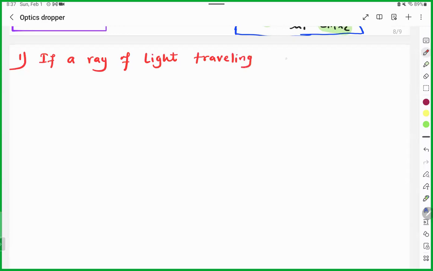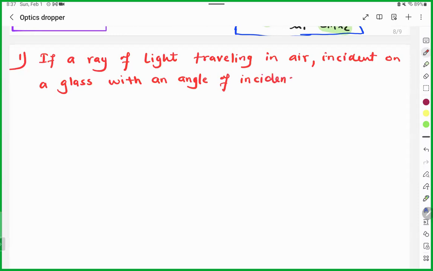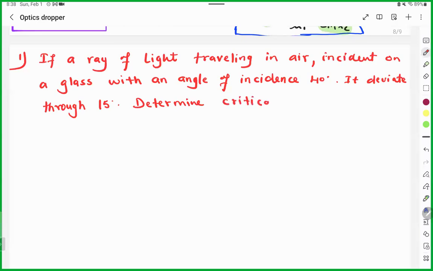If a ray of light traveling in air is incident on a glass with an angle of incidence 40 degree, it deviates through 15 degree, determine the critical angle for the glass-air interface.